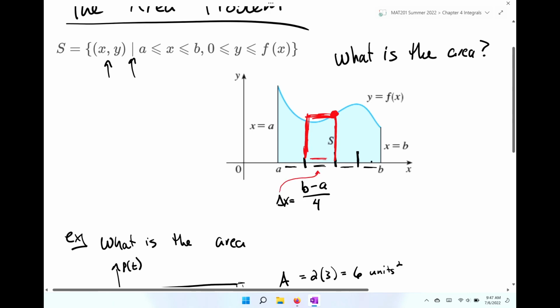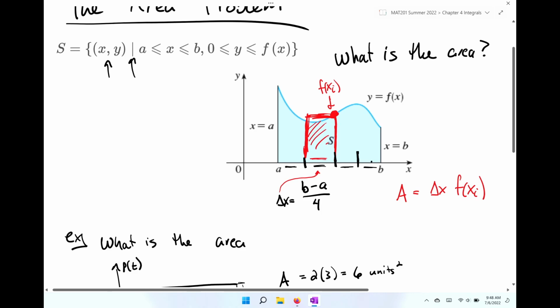Here we go. All right, so remember, we said that the distance, delta x, is right here. It's going to be b minus a divided by 4, whatever a and b are, we can find that distance. And the height, we're going to call this f of xi, meaning just some y value within this interval, okay? Well, if we wanted to find this area, all we would have to do is say the area is going to equal delta x multiplied by f of xi.